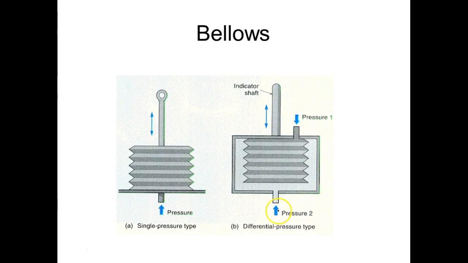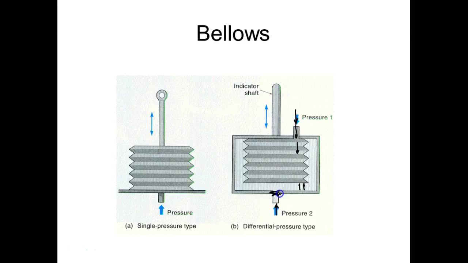So for differential, what we would do is we'd put one pressure in here and another pressure there. This pressure would try to cause the bellows to collapse. This pressure would try to cause the bellows to expand. And then the position of the bellows would be equal to the differential pressure. And if we can measure that physical position, then we can translate that into pressure.